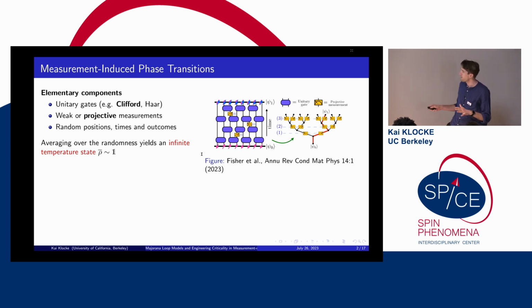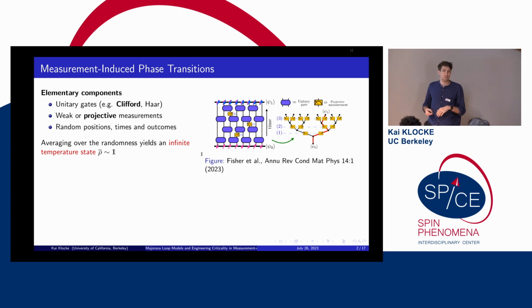So the basic setup here is that one, say, has a one-dimensional chain of qubits, and the dynamics that the system undergoes are generated by choosing at every position and time some random unitary, which could be Clifford or Haar random, and then as well some measurements, which could be, say, weak monitoring or actual full projective measurements.